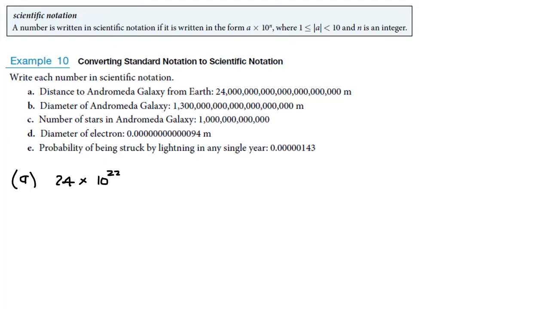Now let's just check that. Let's work this the other way. If I take this decimal place here, 2.4, and move it forward 22 places, so I have 2, and I'm going to move it forward.